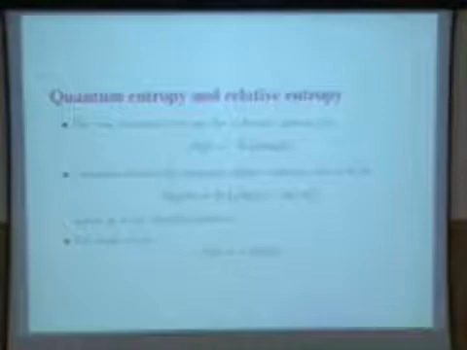Another interesting thing is that I'm going to talk about the operational meaning of the von Neumann entropy. When Shannon defined his entropy, he gave the operational definition in his seminal paper. But the operational definition for von Neumann entropy came in 1995.